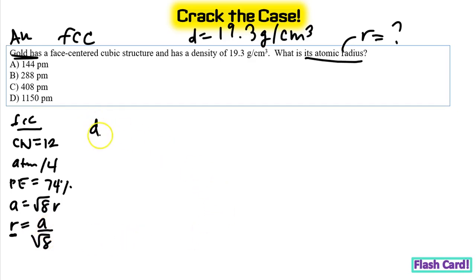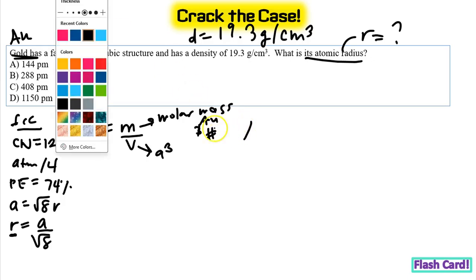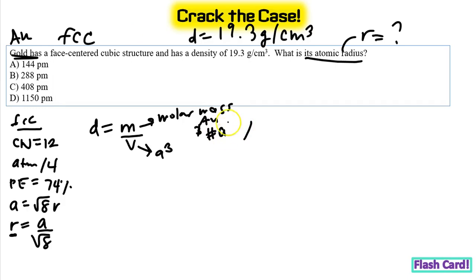So we can write all the details we know about density. Density is equal to mass over volume. Okay, we know our volume is a cubed, and we know our mass is going to be based on the molar mass of what? Gold, and the number of atoms per unit cell, which we know is 4 because we have FCC, okay?